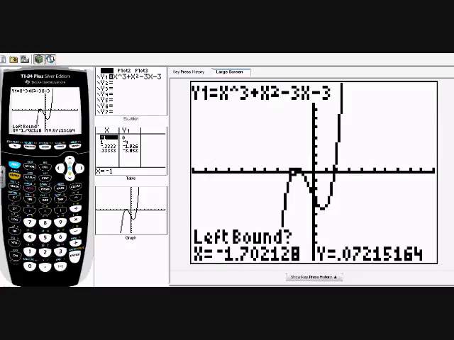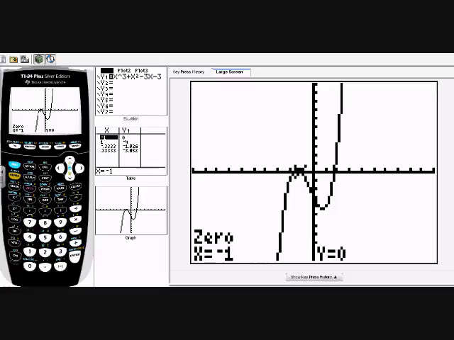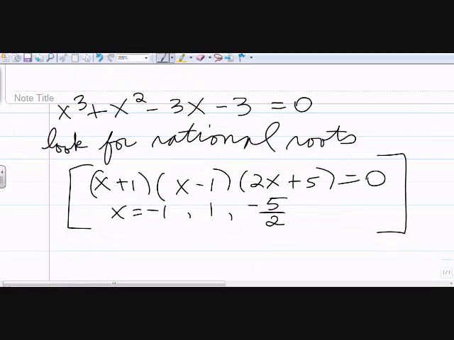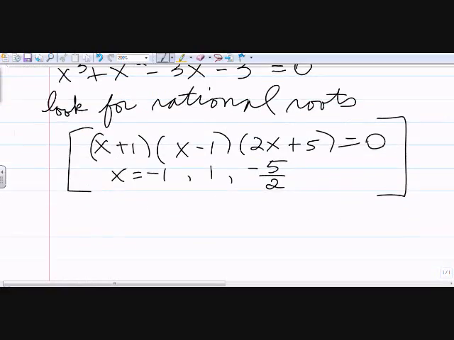I'm going to leave that as my left bound, move back over, make sure I'm to the right of the curve there, and see if it finds it for me. -1. Found a rational root. That's as much as we're going to go to just finding rational roots. So when your homework problem says find a rational root, we found one at x equals -1.